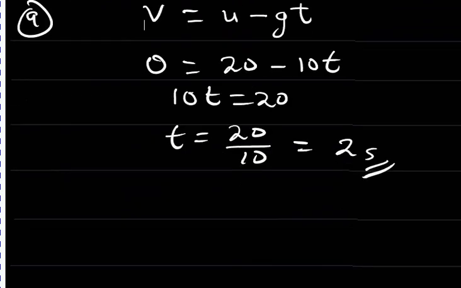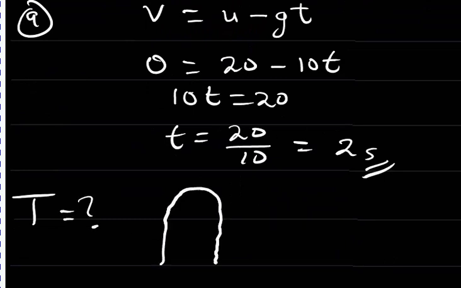Then the question is, what is the total time of flight? How do we calculate that? Simply, this object goes up and returns back to the ground level. So if the time it used in going up is t1, then the time it takes from this maximum height to return to the ground level is t2. That means the total time of flight is going to be equal to t1 plus t2.